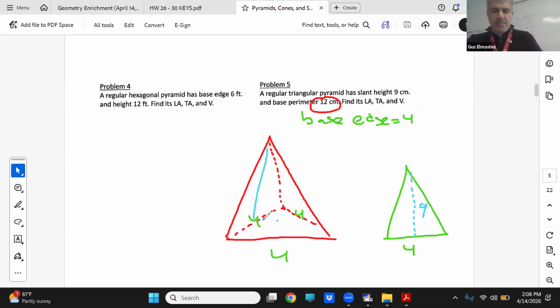Nine is the height of the triangle. I really don't like this problem, but we're going to do it. It's just hard to visualize.